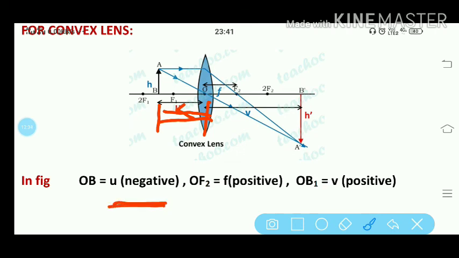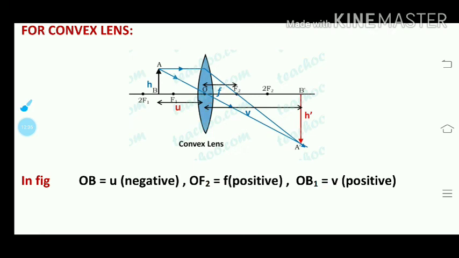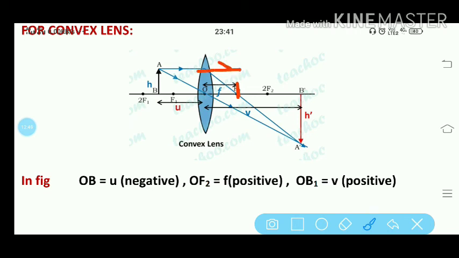Hence, u will be negative. OF2 is the focal length. We are going in this direction from optical center to measure focal length. Hence, it will be positive.